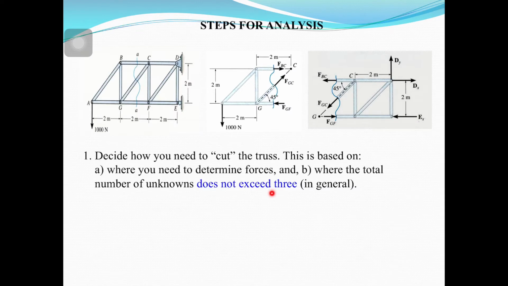Previously in method of joint, we did not exceed 2, but in method of section, it must not exceed 3 because we have three equations, including moment: summation of Fx, summation of Fy, and moment. Let's say at A is 0. We have 3 equations.